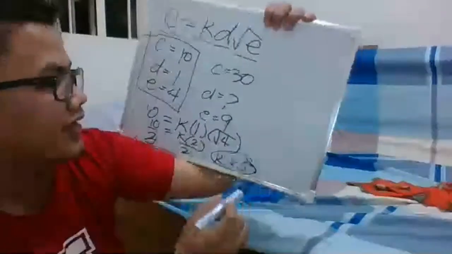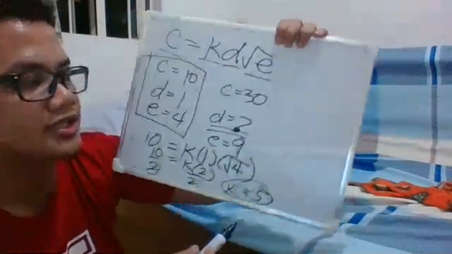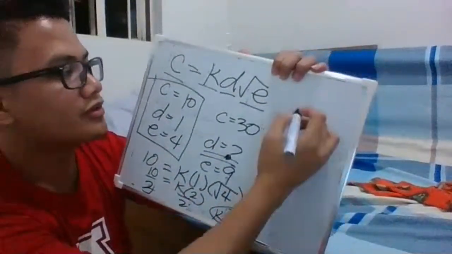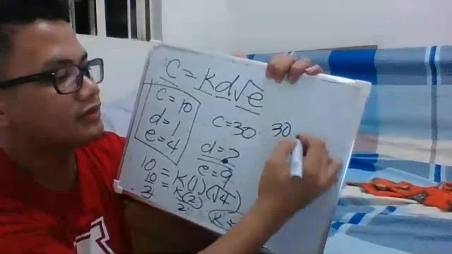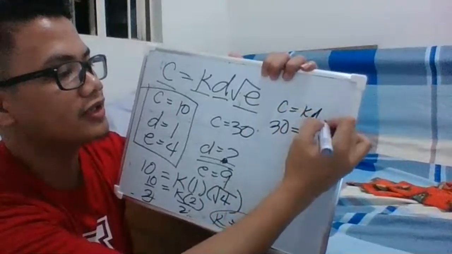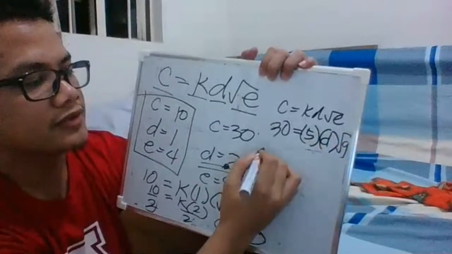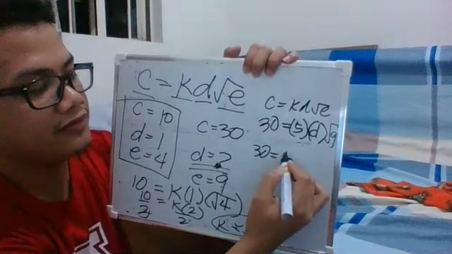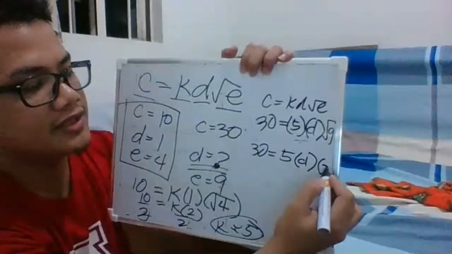So with the use of the K, we can look for the value of the missing quantity, which is D. So ang D is unknown. So we have value of C 30 equals, or C equals K D square root of E, 9. So that's 30 equals 5 times D times 3.